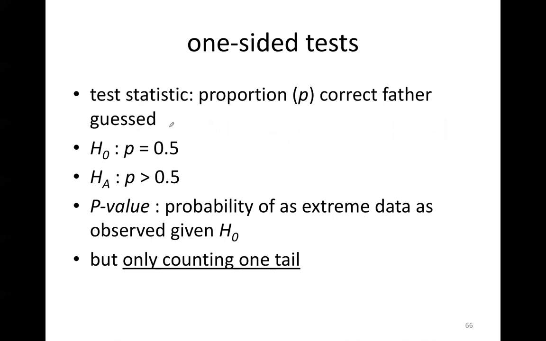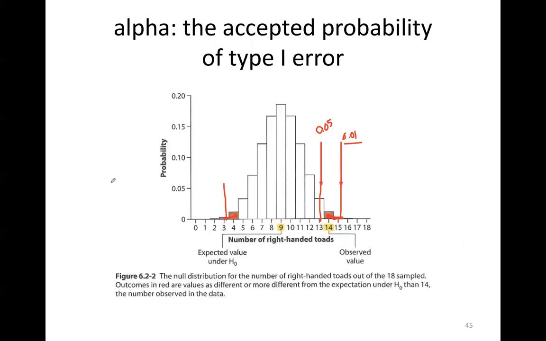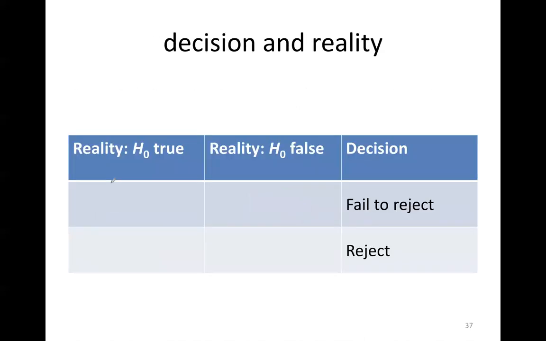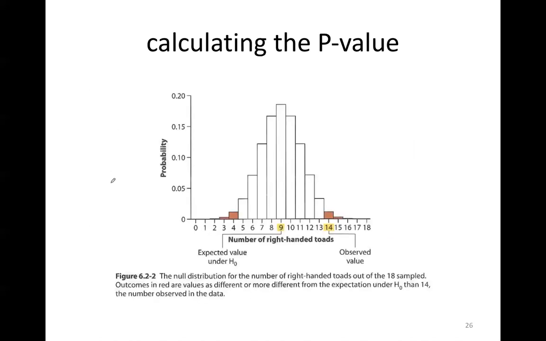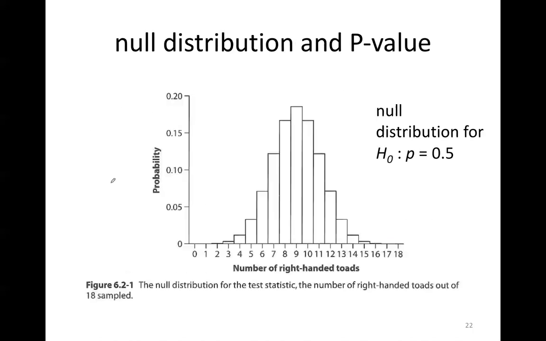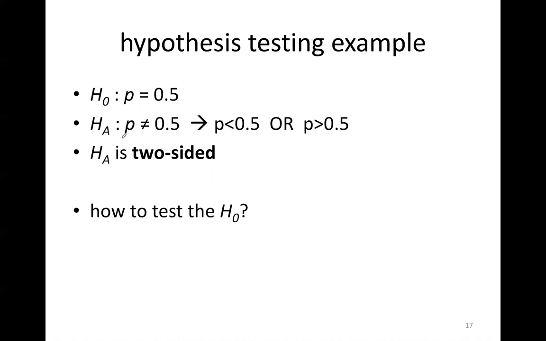Okay, so test statistic, we said proportion correctly guessed cases of a father. Null hypothesis, alternative hypothesis, p larger than 0.05. Previously, in our previous case, we had said p, what was that? Sorry, the alternative hypothesis, yes.